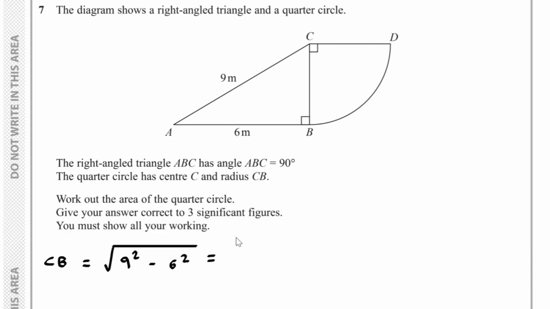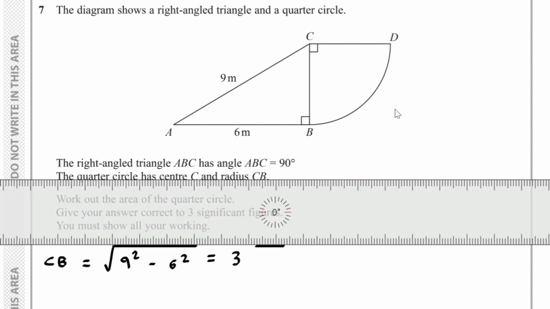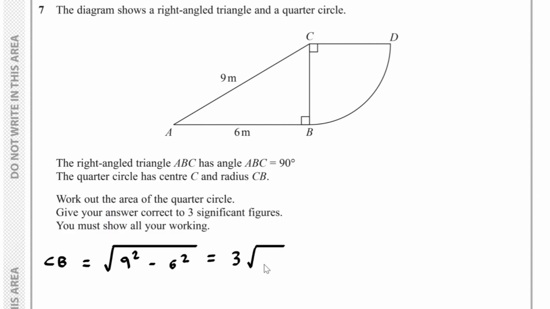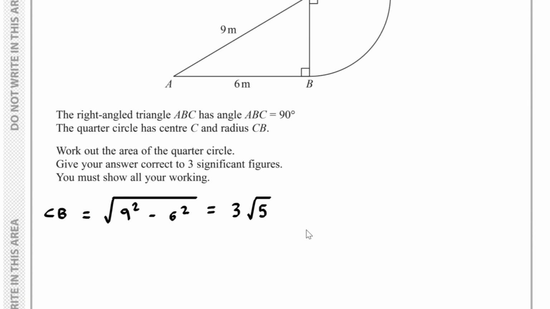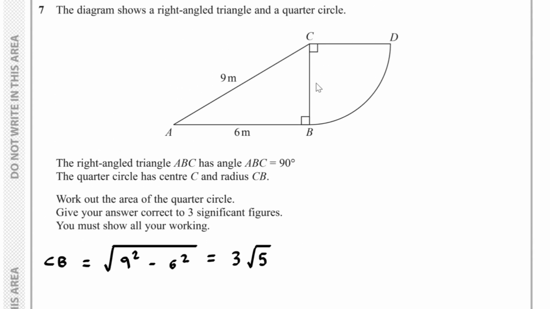So if I work out what this is, I end up with 3 times by the square root of 5. And so the side here is 3 root 5, and also the side here is 3 root 5.